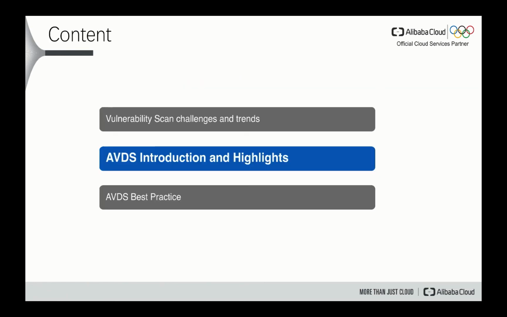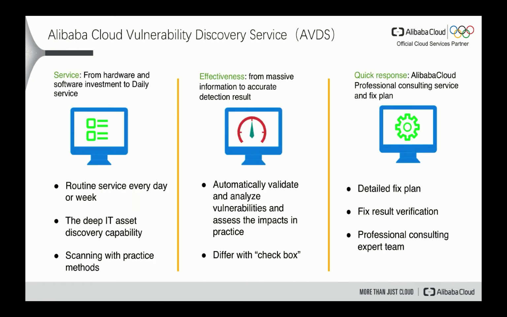Now let's look into the AVDS a little more to see what kind of functions and highlights it can help the customer solve. Again, we want to talk more about the three highlights. The first one is the service. When we talk about the service itself, we are talking about a routine service we can run every day or on a weekly basis.